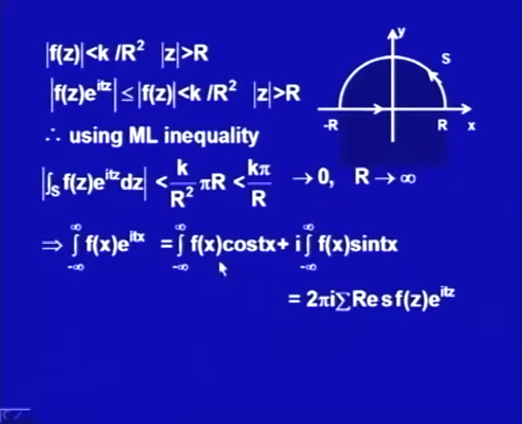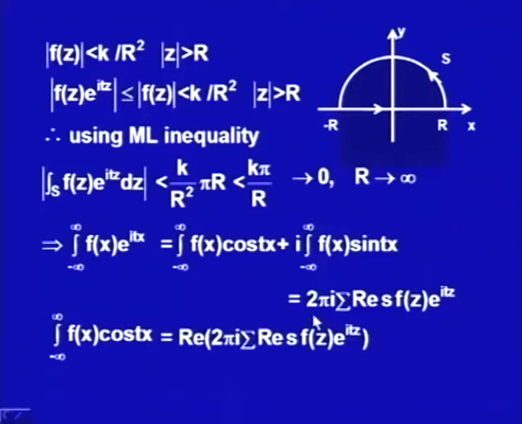So, comparing the real and imaginary parts from here, we would get two formulas. One is that the integral from minus infinity to plus infinity of f(x) cos tx dx is the real part of 2 pi i times the summation of residues of f(z) e^(itz), where the summation is over all the poles in the upper half plane.